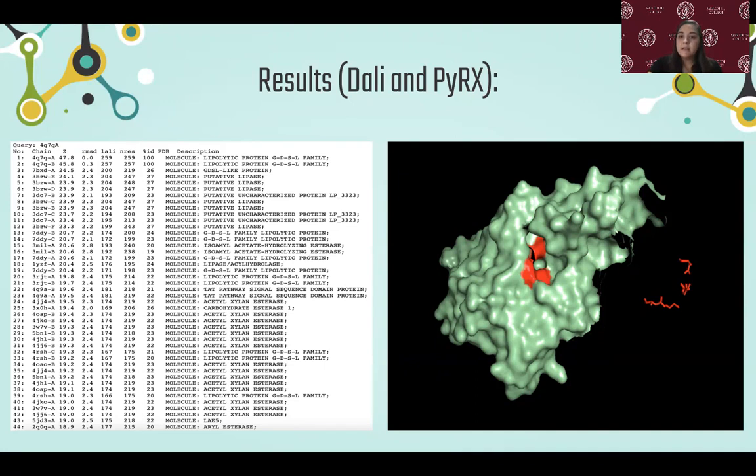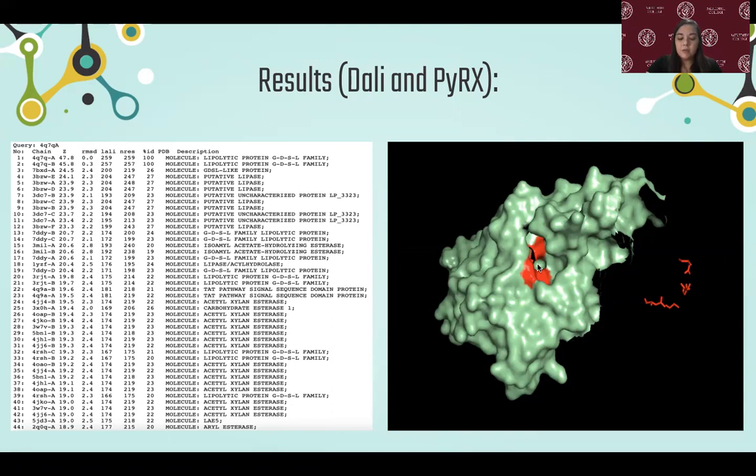For PyRx, this image shows the active site of 4Q7Q in the red region. So this site allows us to take ligands from the enzyme classes specified in the Molmatch program and model them to see which ones will bind to the active region of the protein.